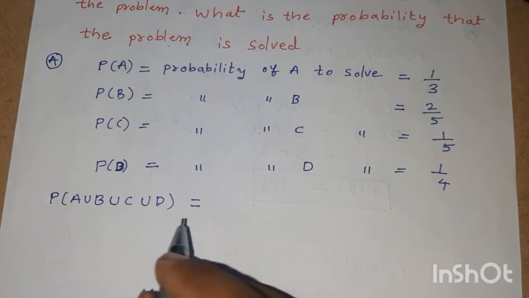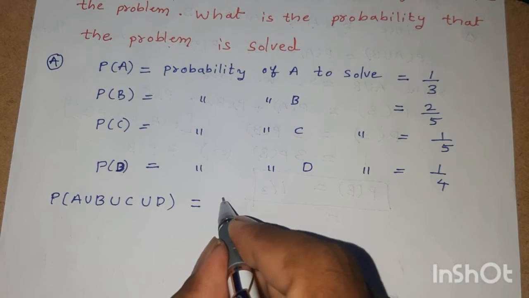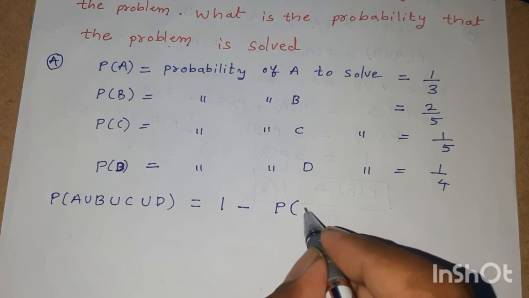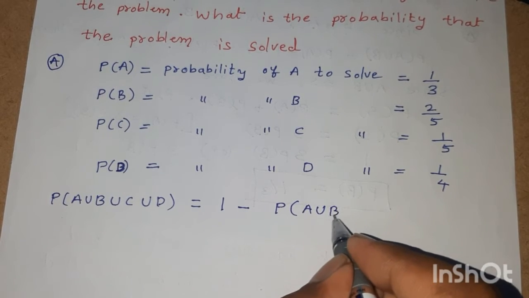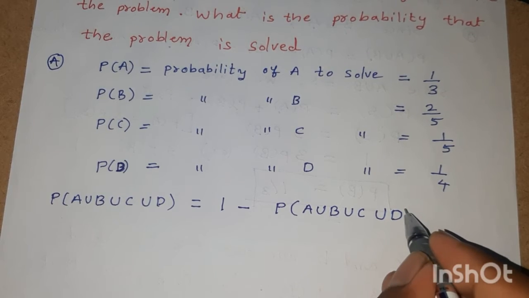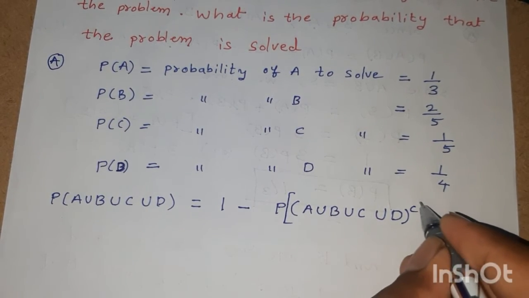This can be written as 1 minus P of (A union B union C union D) complement.